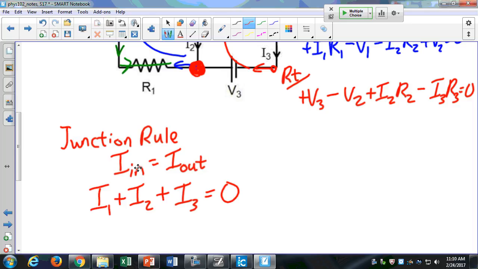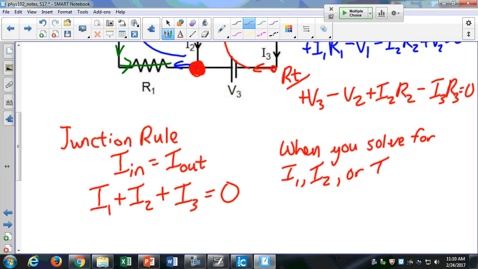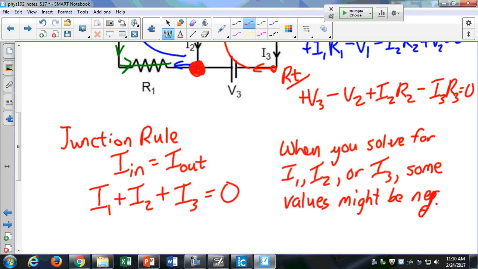But remember what I said, that it doesn't matter the direction that you choose for your current. Because when you solve for current, for I1, I2, or I3, some values might be negative.